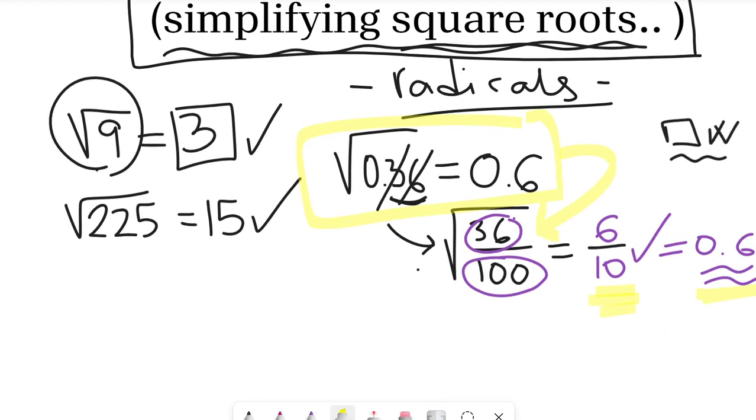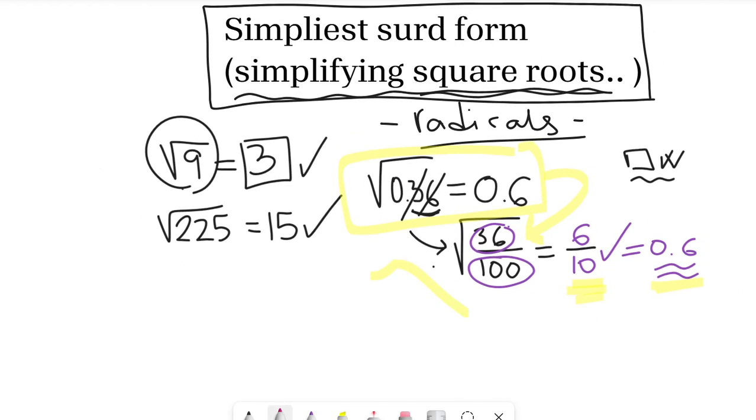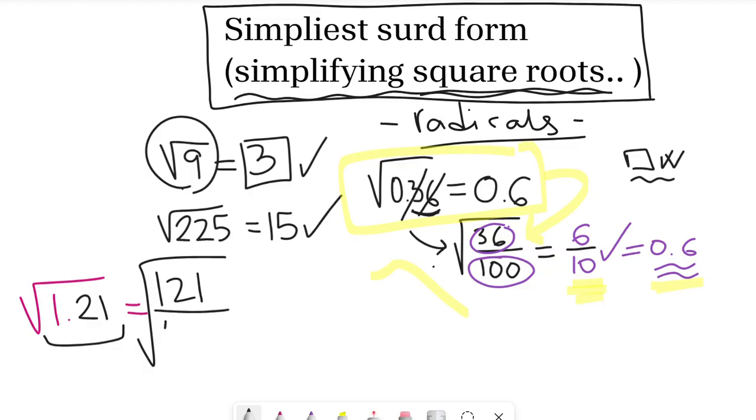Okay, let's try one more example. If we have, let's say, square root of 1.14. Or actually, let us make it 1.21 so that we have a nice number. 1.21. Okay, you can do it either using multiplication of decimal numbers, or you can say, how do I write 1.21 as a fraction? 121 over, we put 1, and then we say there are 2 decimal places, so 2 zeros.